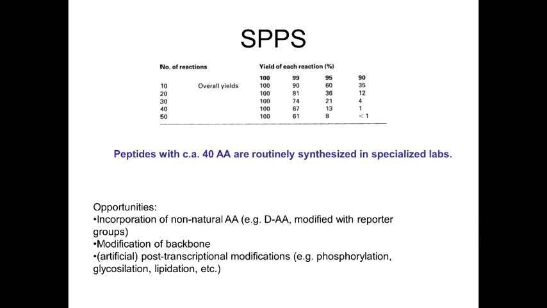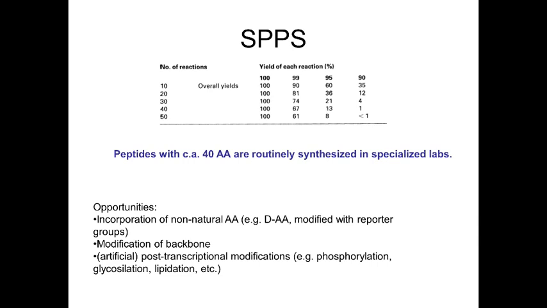If all your individual coupling yields are 99%, for a 10 mer your overall yield is 90%. If you synthesize a 20 mer, keep in mind that with 99% reaction yield of the individual steps, you're only at 80% yield. If you make a 50 mer, you end up with 61%.